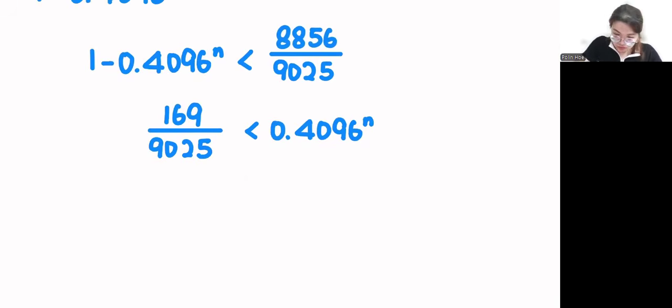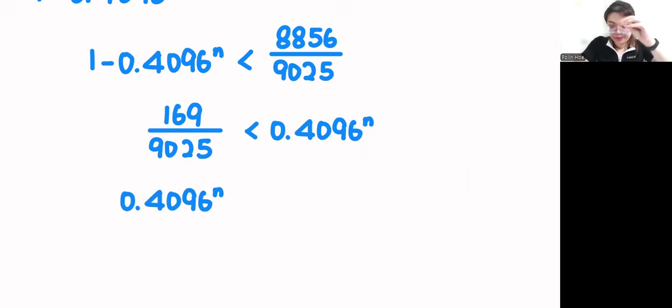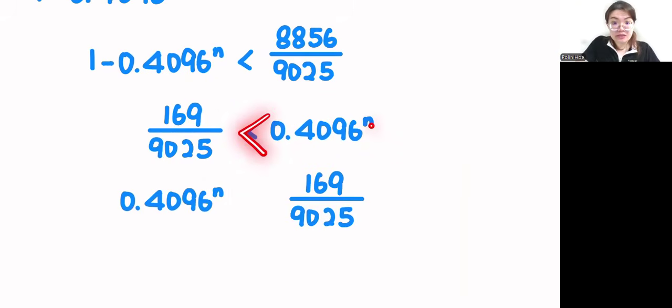Okay? Now, when I change place, I'm not sure how your teacher teaches you, but for me, I tell my students to look at the mouth of the crocodile. It eats the bigger number, so when I change place, it should eat this part.